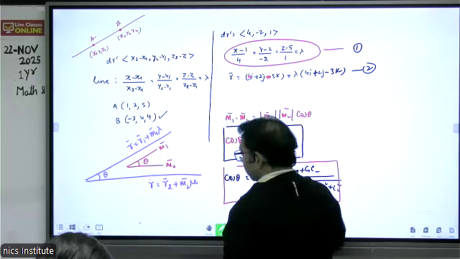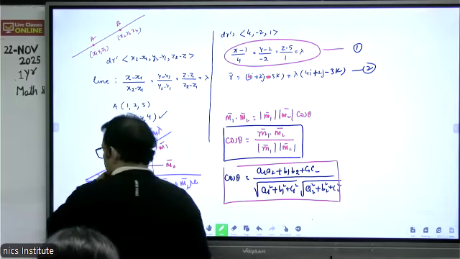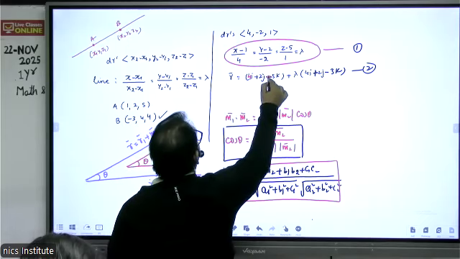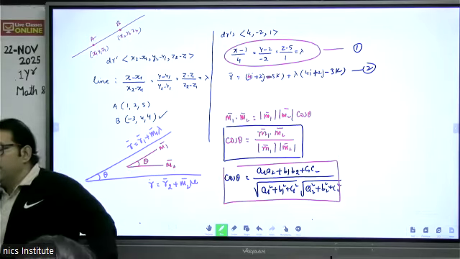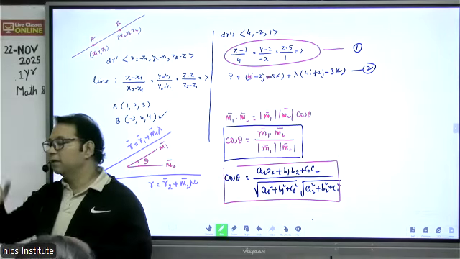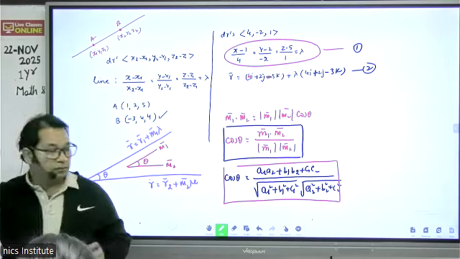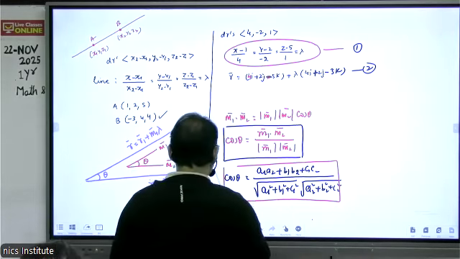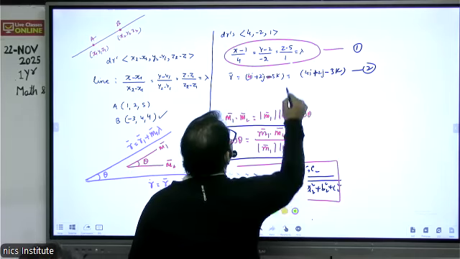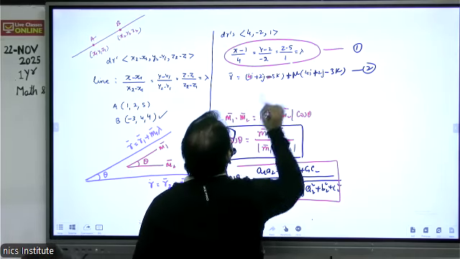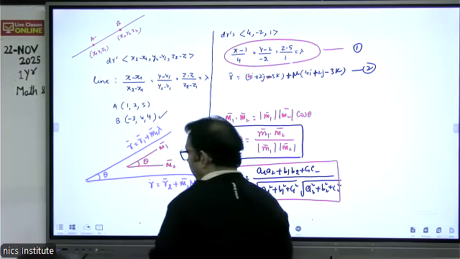Find angle between them. The second line is 4i plus 2j minus 5k. लैम्डा की जगह म्यू ले लो. फाइंड एंगल बिटवीन देम.